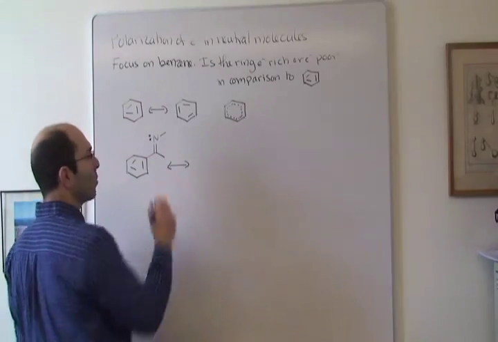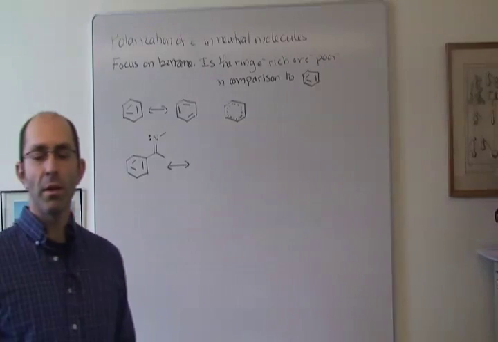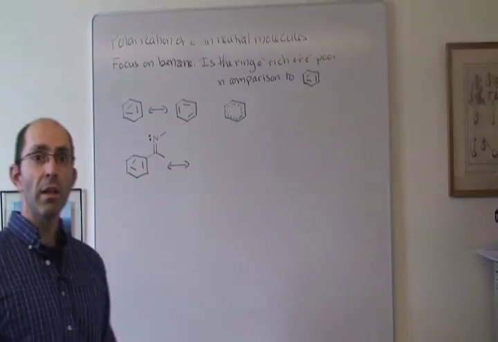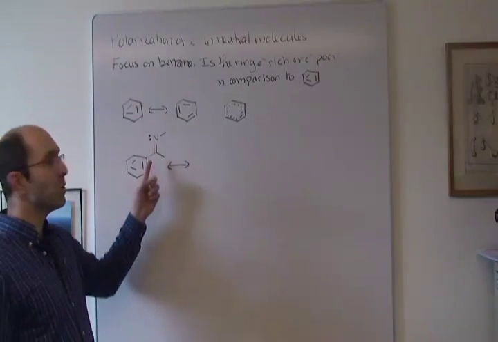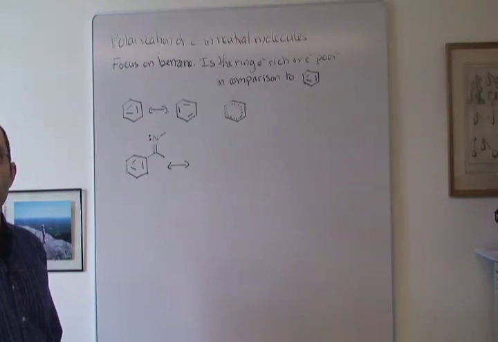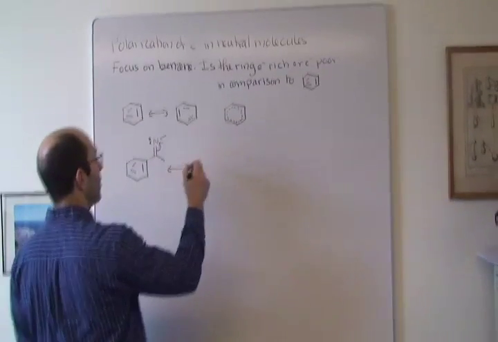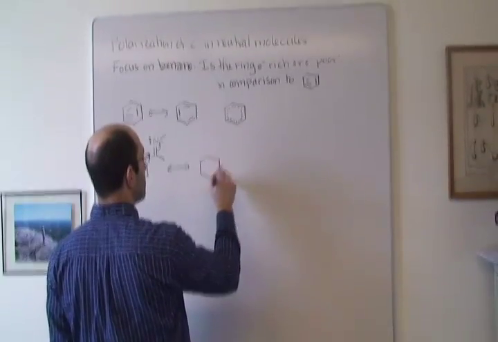And when we look at these neutral molecules, look for pi bonds that are between two atoms of differing electronegativity. So we would focus on the carbon-nitrogen double bond. And since nitrogen's more electronegative, the pi bond can shift up onto the nitrogen.